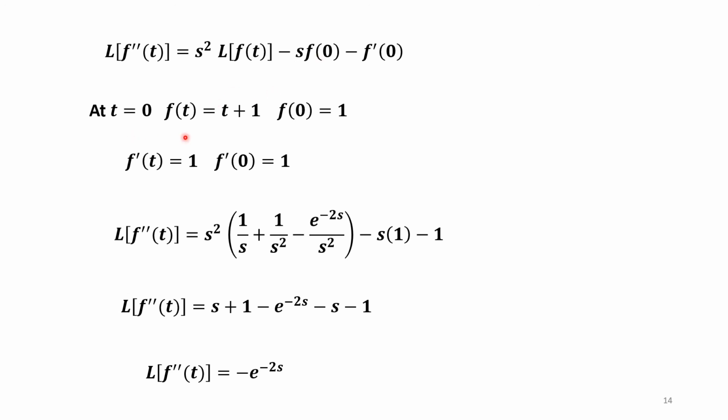When t is 0, the function is t plus 1, so replacing t by 0 we get the answer as 1. Similarly, f dash of 0 is the derivative of f of t, which is 1 because the derivative of t is 1 and of 1 is 0. Substituting everything in the formula, we get L of f double dash of t. So thank you and see you in the next lecture.